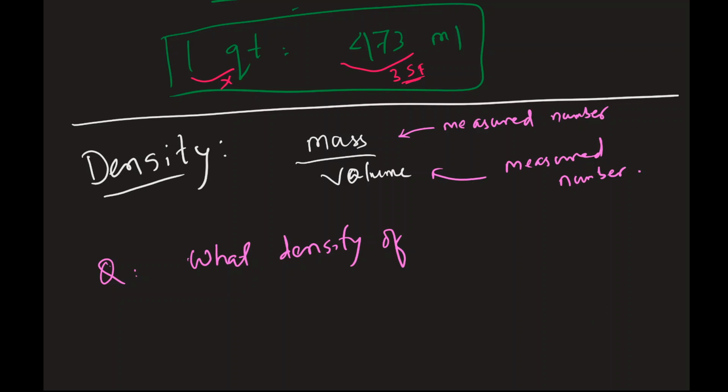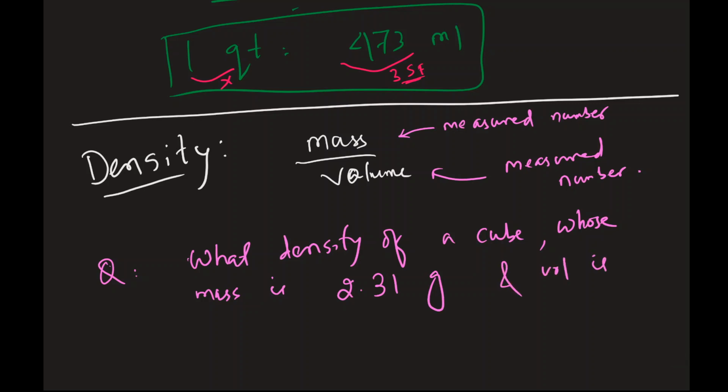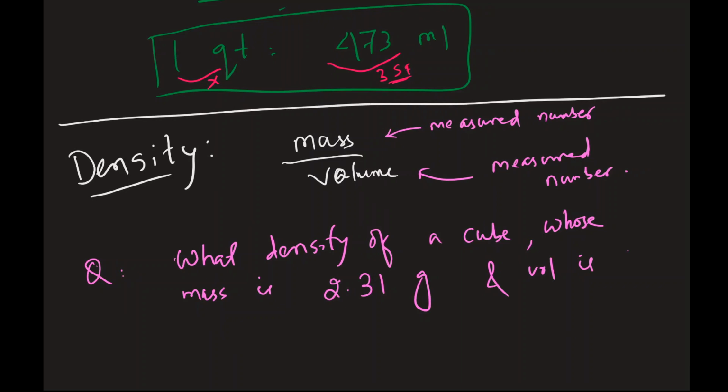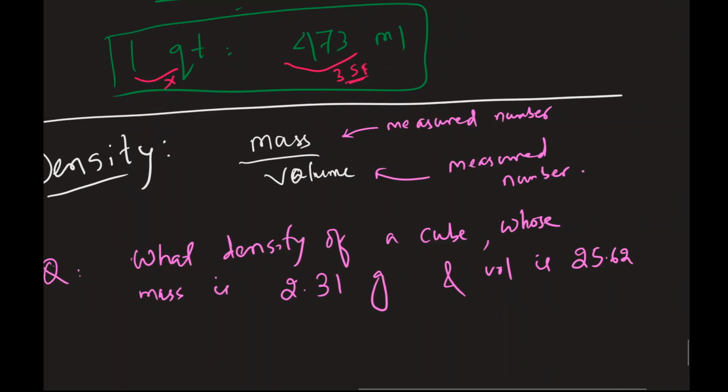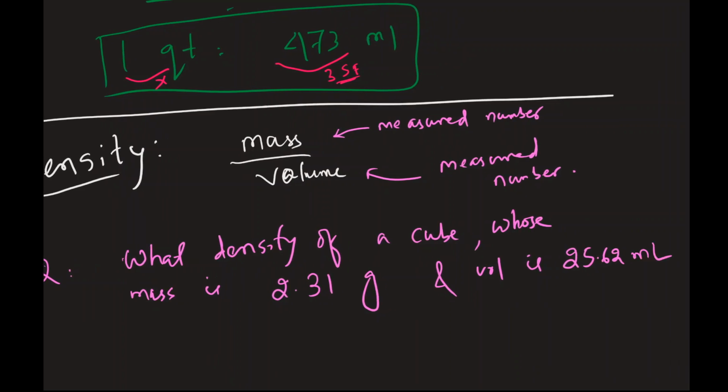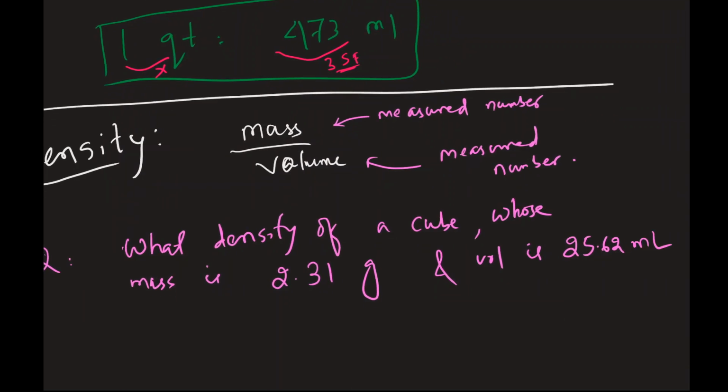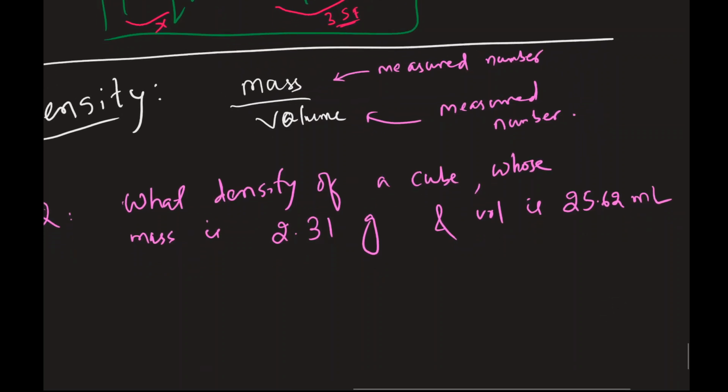What is the density of a cube whose mass is 2.31 grams and volume is 25.62 milliliters? Pretty simple. So mass is given and volume is given.